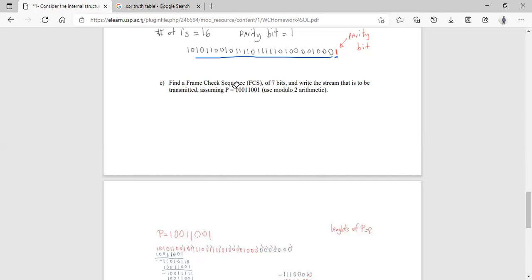At the receiver end, there will be another operation that tells us whether the data has been corrupted or not, based on the remainder again.